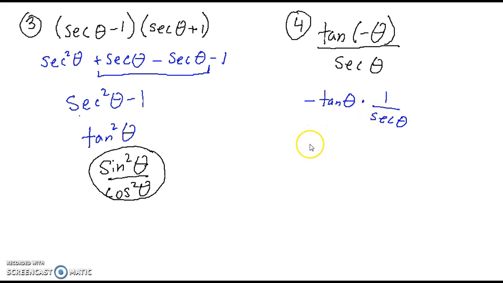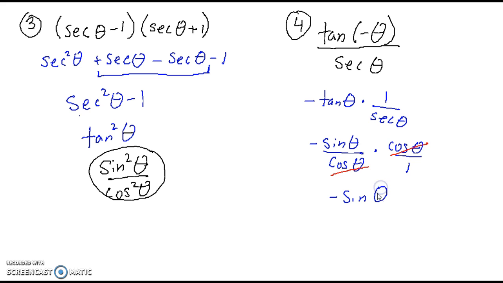I'm going to change tangent to sine of theta over cosine of theta, and secant to cosine of theta over 1. The cosines are going to cancel away, and I will just be left with negative sine of theta. If I want to bring that negative back in, I can, or I can be done right here.